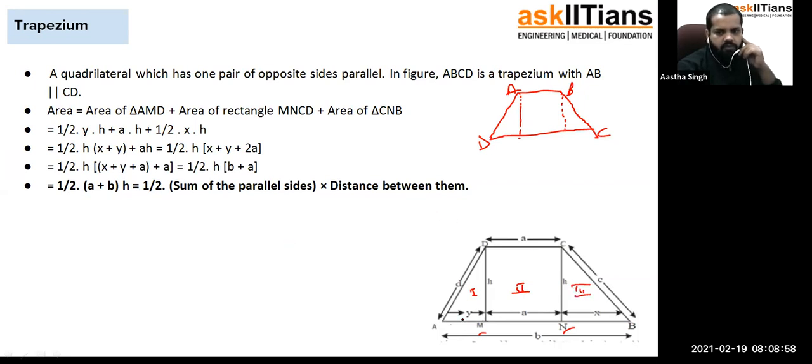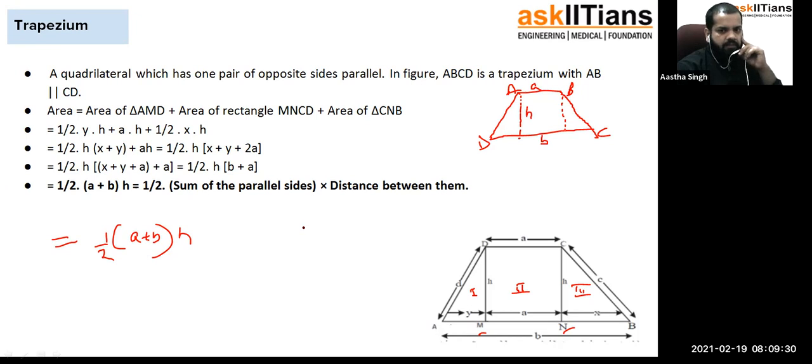The first is a triangle whose height is h, so half of y into h will be its area, and for the rectangle it is length into width, x into h. If you solve this, you will get half of a plus b into h, where a and b are the parallel sides and h is the perpendicular height.